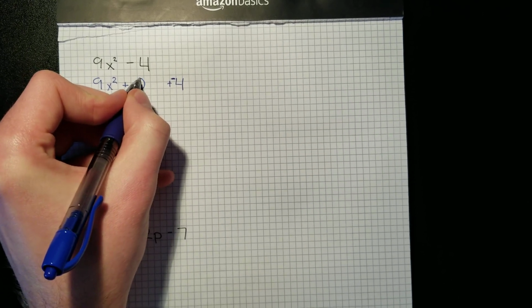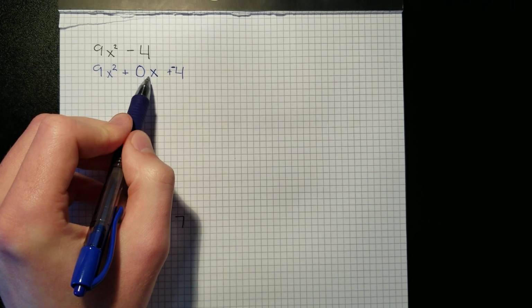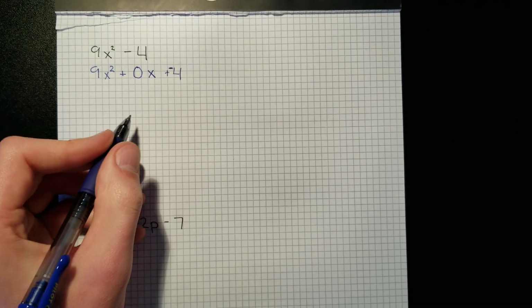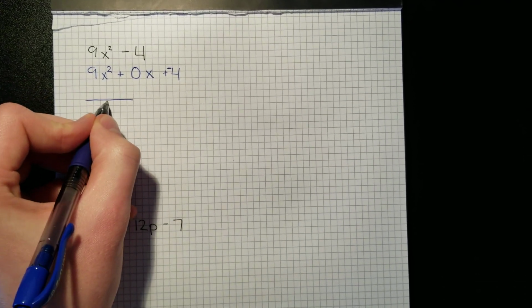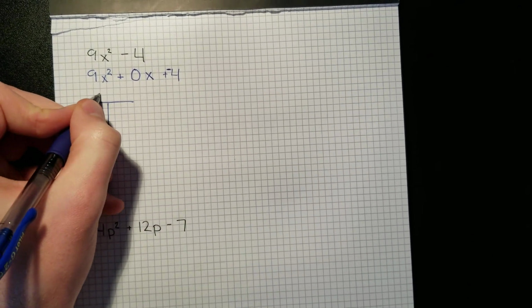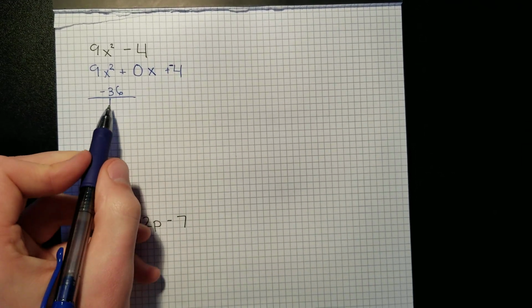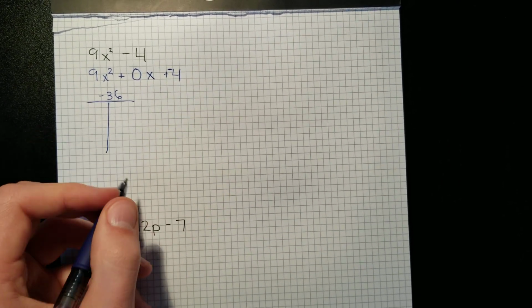So we can fill that in with a 0x, right? Because if something isn't there, 0 of that also works. 0 times x is 0. So we can fill that in. So that means that when I make my table, I'm going to have 9 times negative 4. Well, that's negative 36. The two numbers have to add up to 0, which is kind of weird.